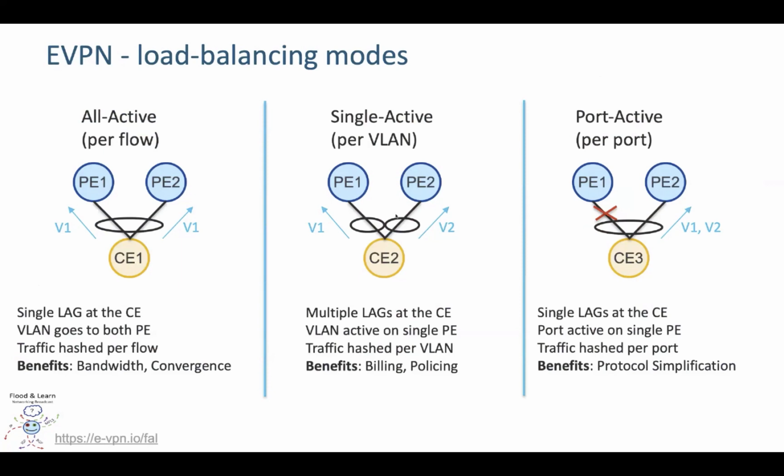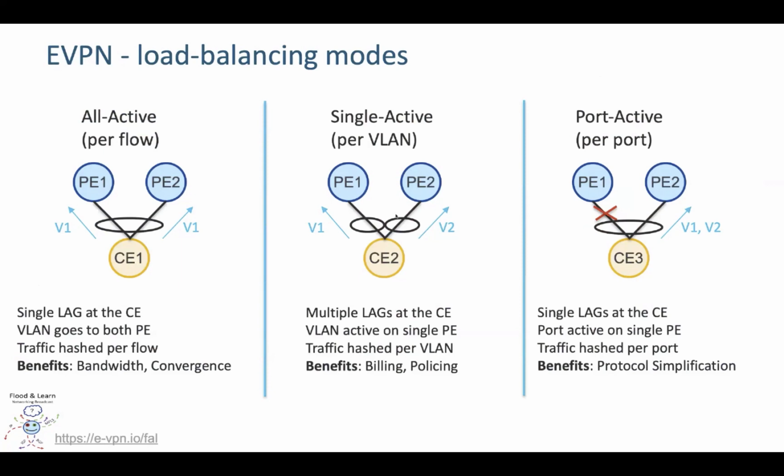The last one is the port-active mode, which is also very interesting from the CE point of view, because you again have a transparent bundle. What is happening here is that you are driving from the PE side that only one side is active at one time.